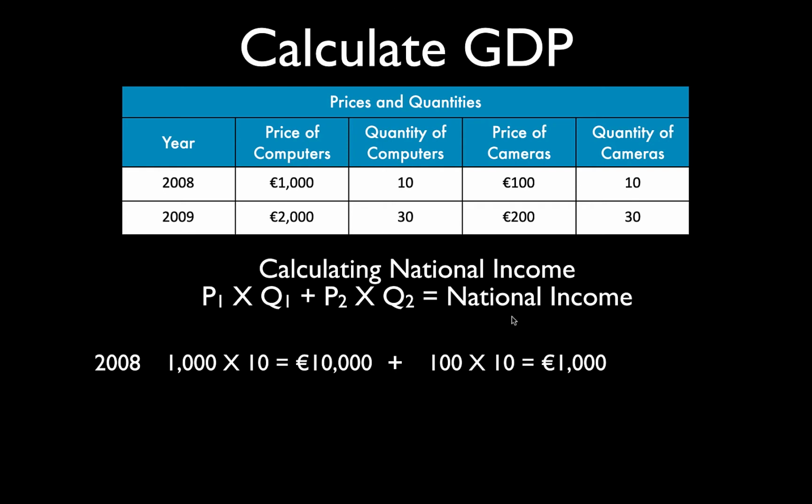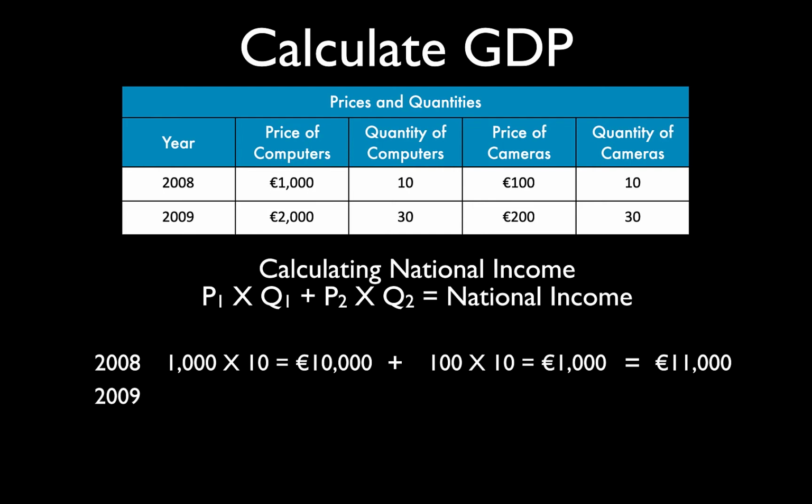And when we multiply 100 by 10, we get 1,000, and that gives us the total value of cameras that was produced that added to national income in that year. When we add 10,000 and 1,000, we get €11,000. That is the total value of production of all goods and services produced in 2008 in that economy.